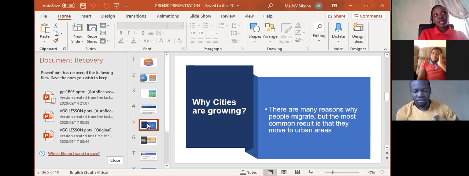People move from rural areas to urban areas for better schools, or to live with their family members.